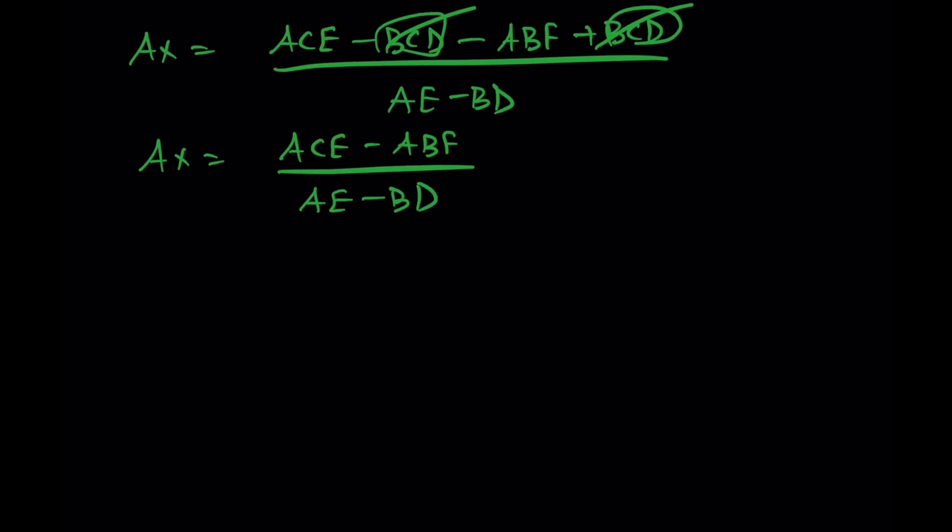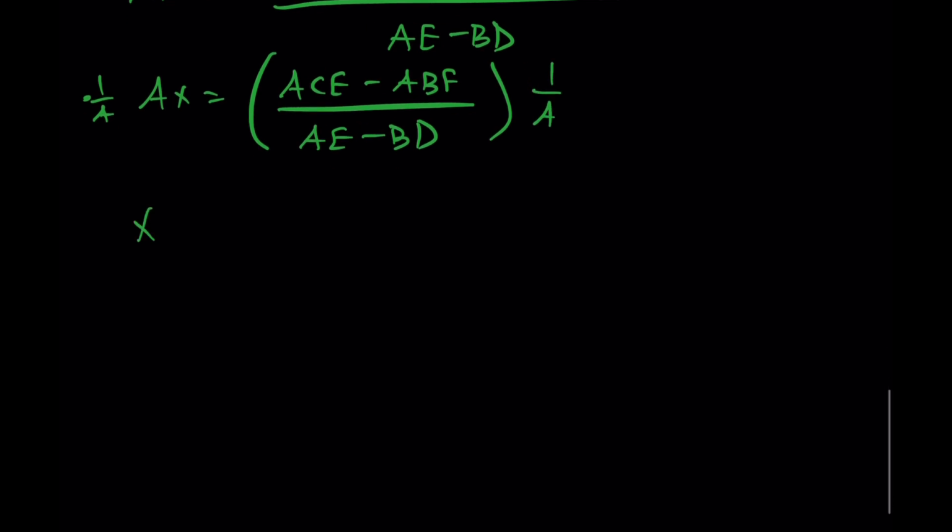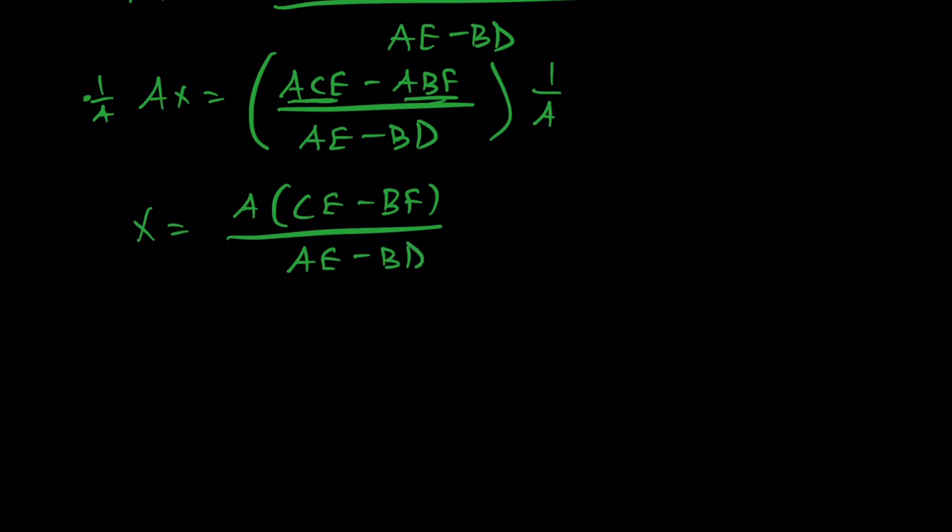We want to solve for that x, so we'll just multiply both sides of the equation by 1 over a. So we get x is equal to, well, look at that right-hand side. So here's an ace minus abf. We can factor out that a. So in other words, we can get a times the quantity ce minus bf over ae minus bd.